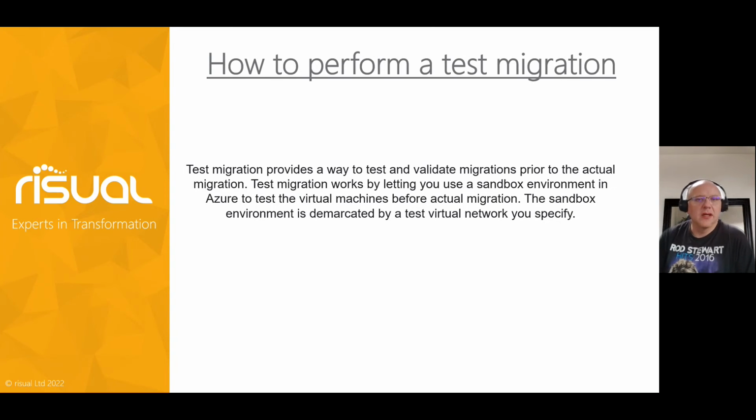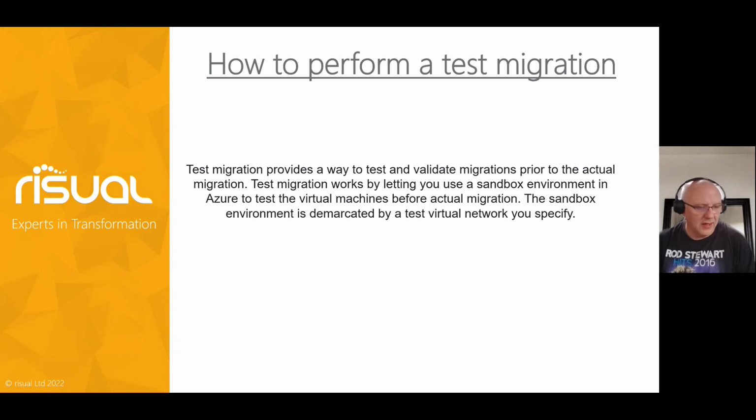It works by letting you use what's called a sandbox environment or a development environment in Azure to test the virtual machines before the actual migration. The sandbox environment is demarcated by a test virtual network you specify. So again, in your production environment, you'd have a production virtual network.